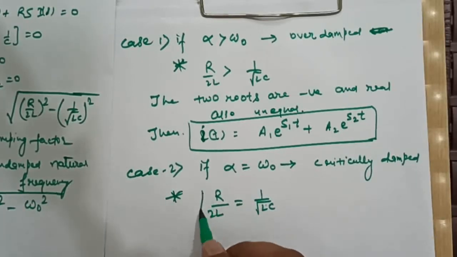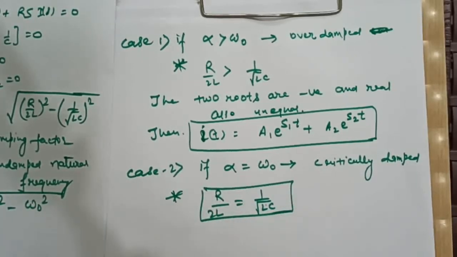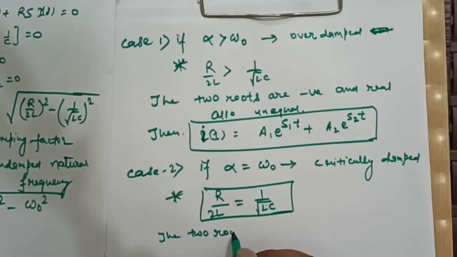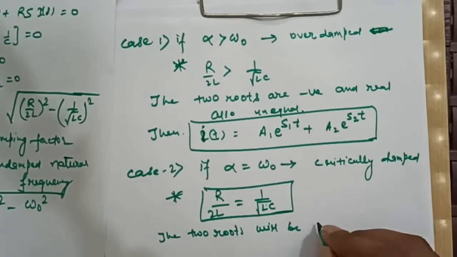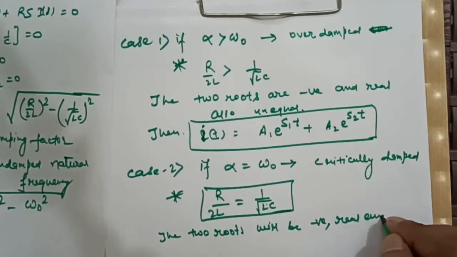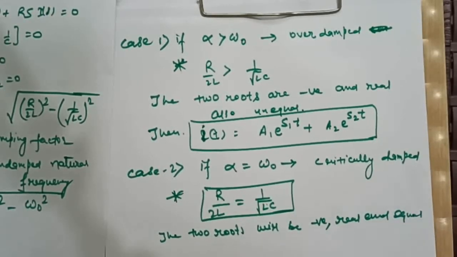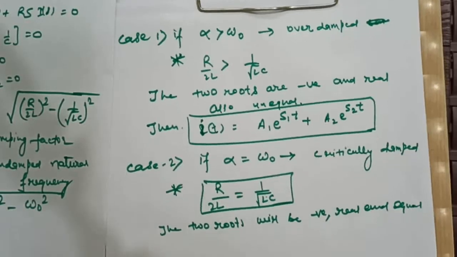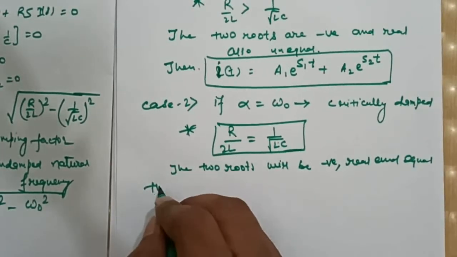This is the condition for an RLC series circuit to be critically damped. In that case, our two roots will be negative, real and equal, right? Then what will happen?